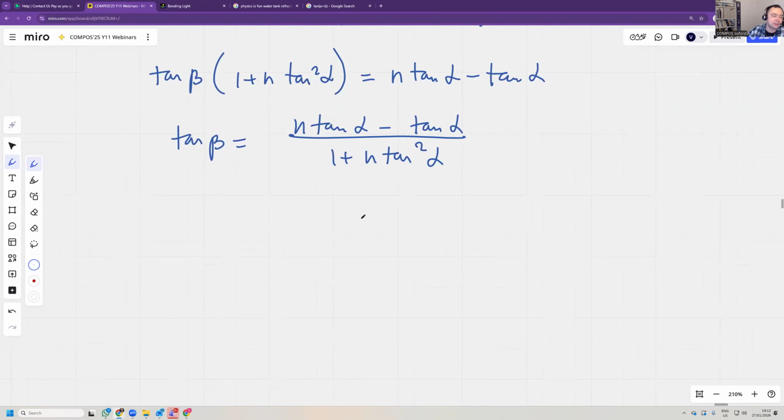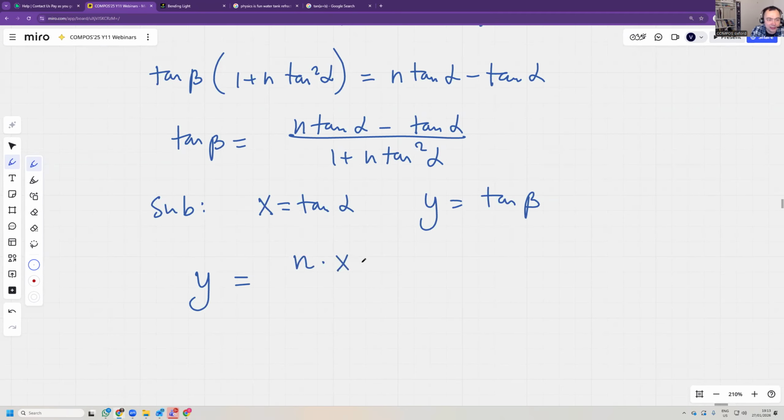I'm going to make some substitutions. X equals tan alpha and y equals tan beta. And this way I can write y equals n times x minus x, divided by 1 plus nx squared.